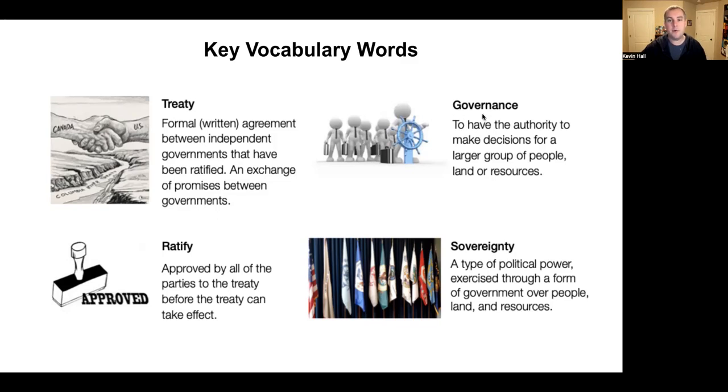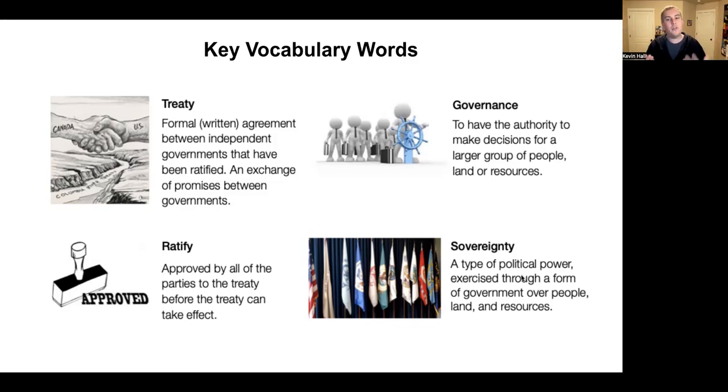Then up top here, this word governance is very similar to government, right? And governance means to have authority or to make decisions over a larger group of people, right? And then the word sovereignty, we talked about that previously when we were looking at indigenous people and their sovereign lands that they have.